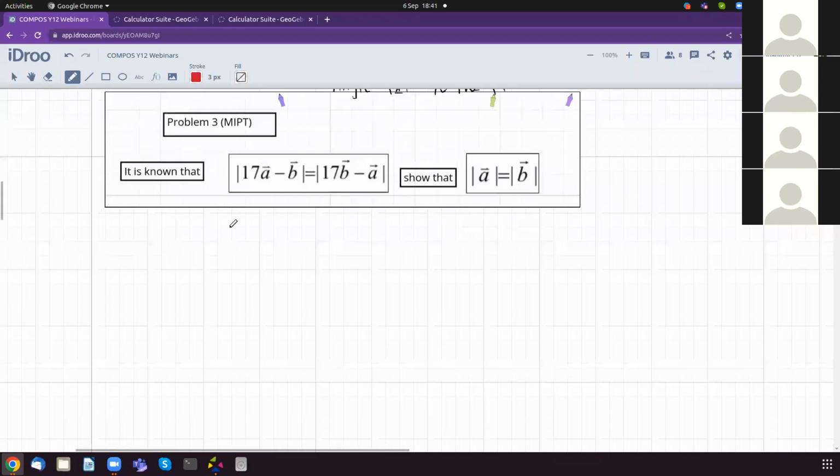Well, let's figure it out. Let's say vector A can be written as a column vector, which is A1, A2. And vector B is also a column vector, so B1, B2.